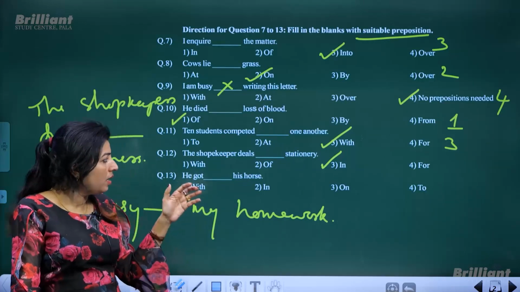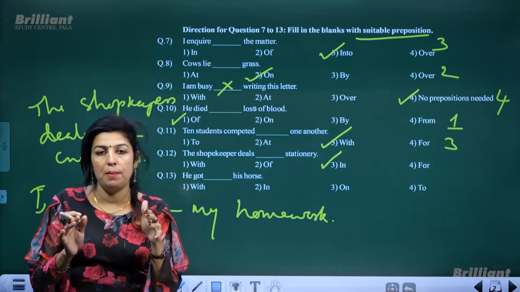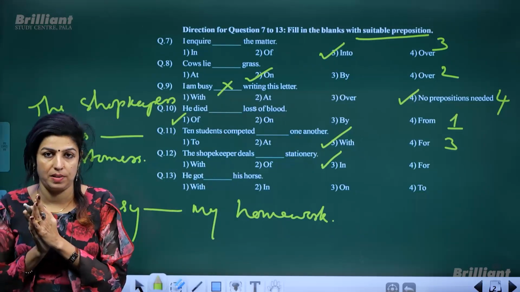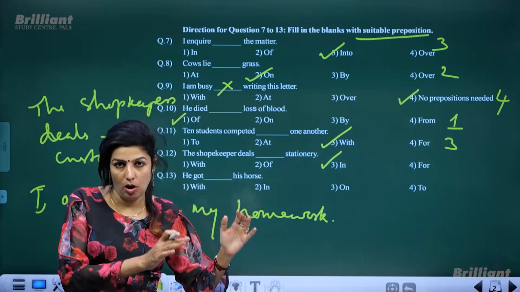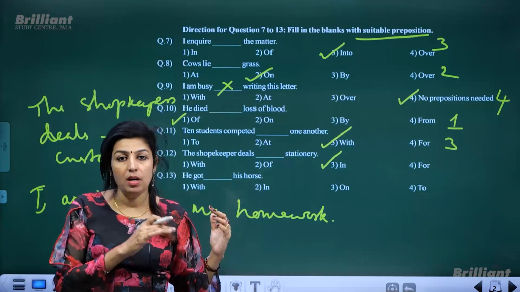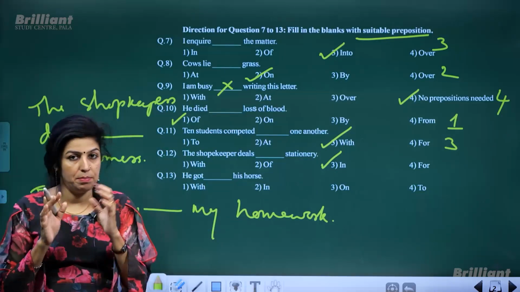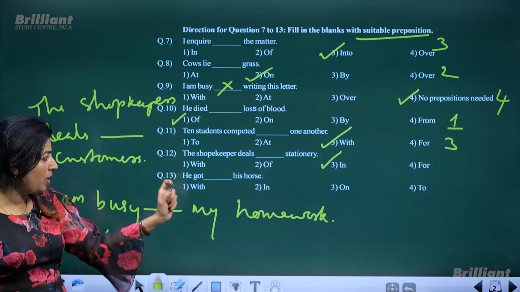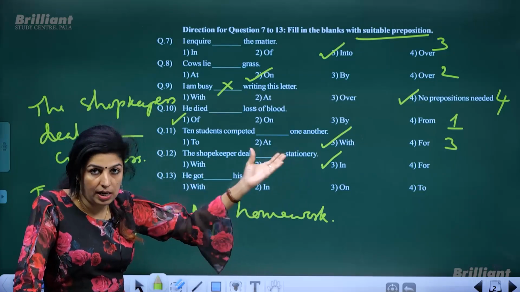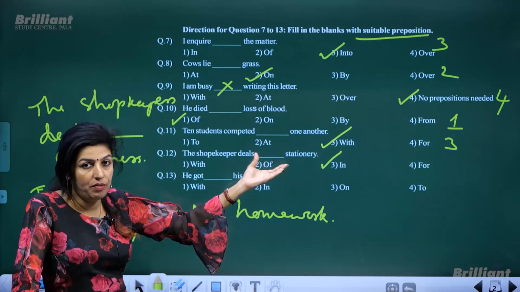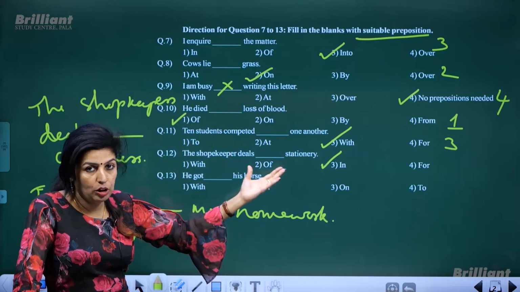That means the meaning of the sentence is, this particular shopkeeper sells stationery items. Only stationery items are available in this shop, or this shopkeeper runs a stationery shop. That is the meaning. So always remember, when you have the word "deals" and items or things are mentioned, you have to use "in".